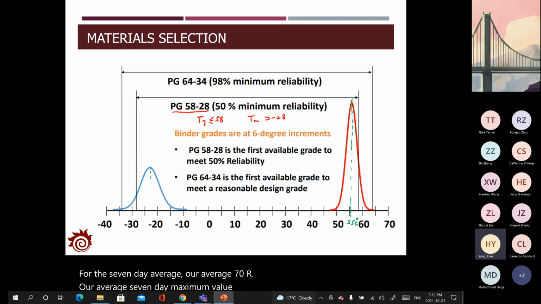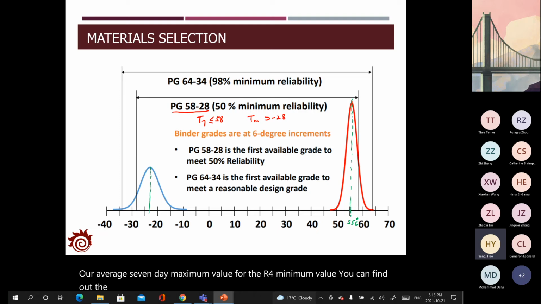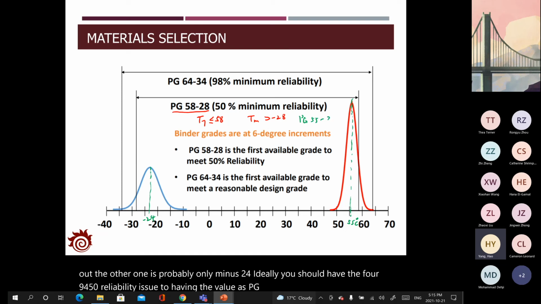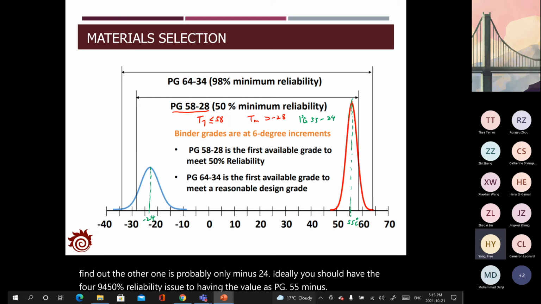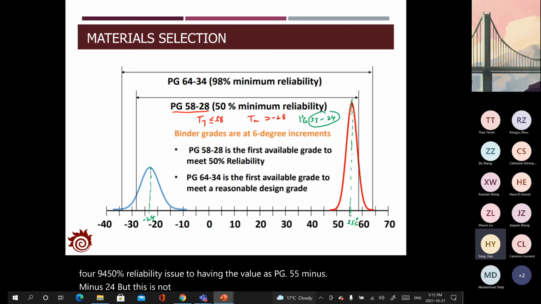For the minimum value, you can find that the one is probably only minus 24. Ideally, for 50% reliability, you should have the value as PG 55 minus 24. But these two values are not realistic.